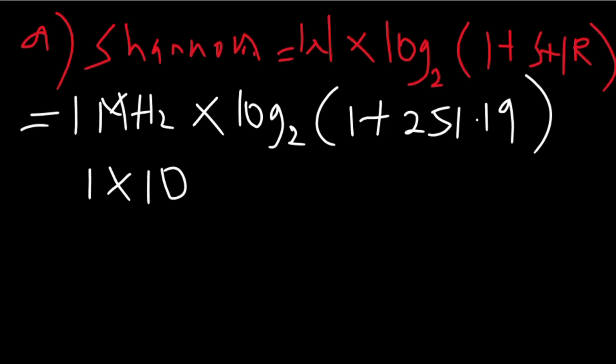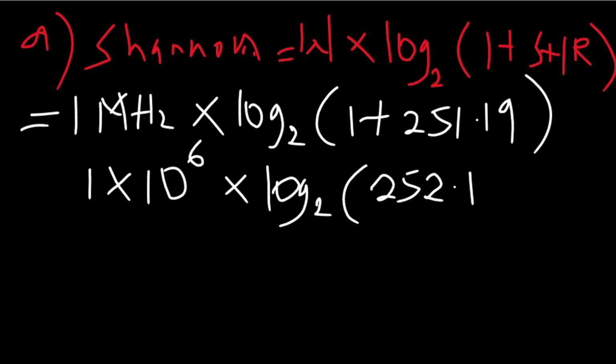So we have 1 times 10 to the power 6 multiplied by our log to the base 2 of the sum of 1 and then 251.19, which gives 252.19. Now when we find the product of these two, the 1 times 10 to the power 6 multiplied by the log 2 of 252.19, we are going to get a huge figure.